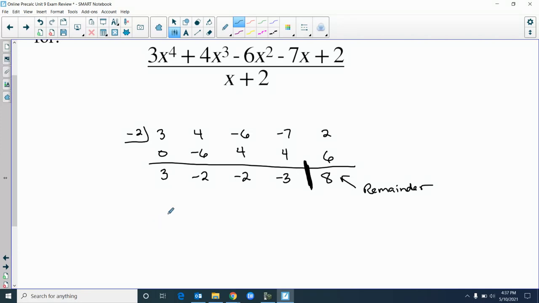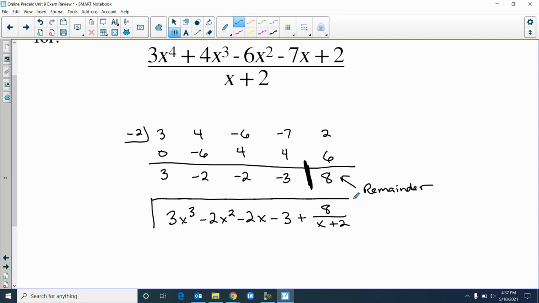So the answer is 3x, and that started out as x to the 4th. That's going to be x cubed minus 2x squared minus 2x minus 3 plus 8 over x plus 2. Okay, I prefer this format.